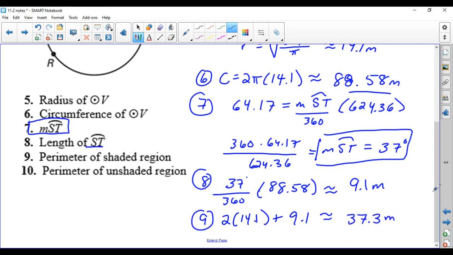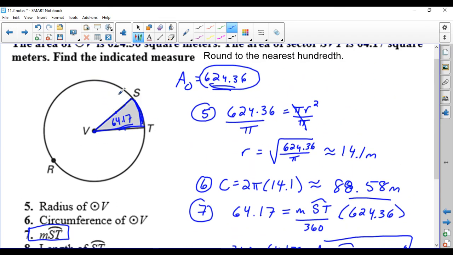Again, be careful with your units. Lengths are always meters, inches, feet. Area is always square inches, square meters, square feet. If I wanted to find the perimeter of the unshaded region, I would find the measure of the rest of this arc, or do the whole circumference minus ST, and then add that to 2 times the radius. I'm going to let you leave that on your own.